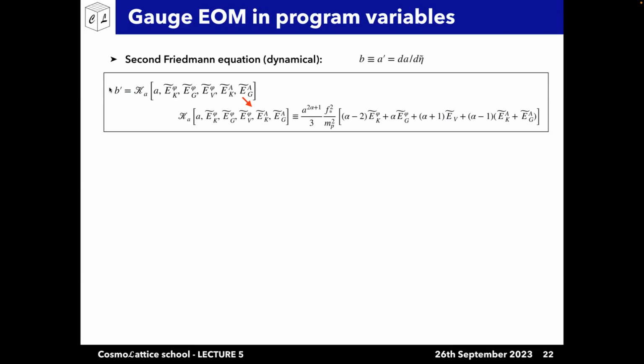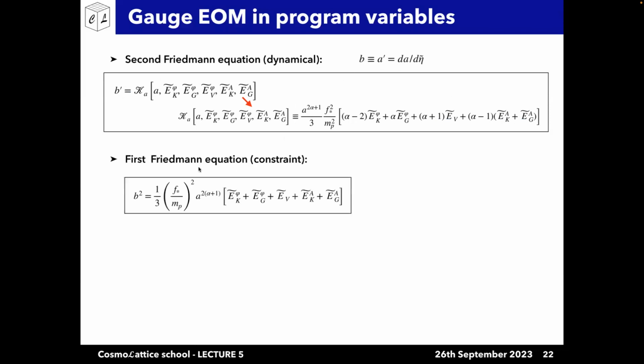We call B the time derivative of A, and then we can write the second Friedmann equation as a first order differential equation, where the kernel of the scale factor is sourced by all the energy components. And we can also write the constraint equation given by the first Friedmann equation in terms of program variables.